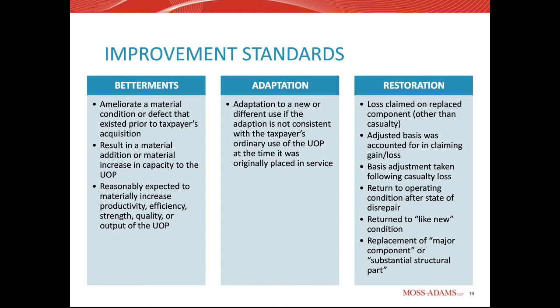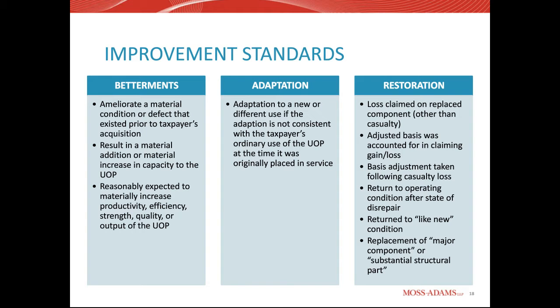Under the old rules, you would look at the replacement of the roof and say, okay, is this an improvement to the unit of property, being the building and all of its systems? You might be able to get to the answer that no, it is not an improvement to the building.